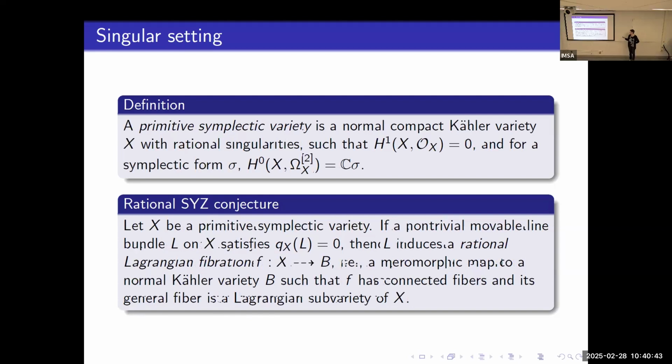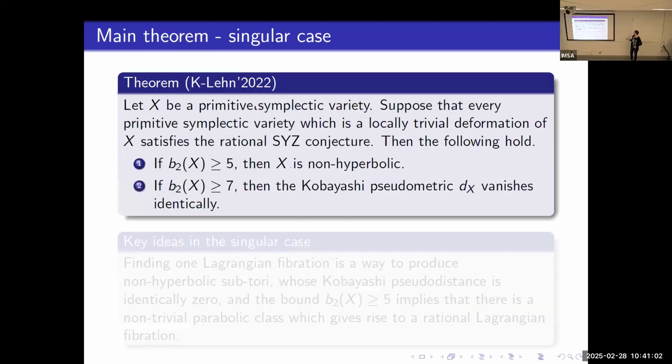So you have a meromorphic map to a normal Kähler variety with connected fibers, and whose general fiber is a Lagrangian subvariety of X. Okay, so that's the SYZ conjecture we use in the singular case.